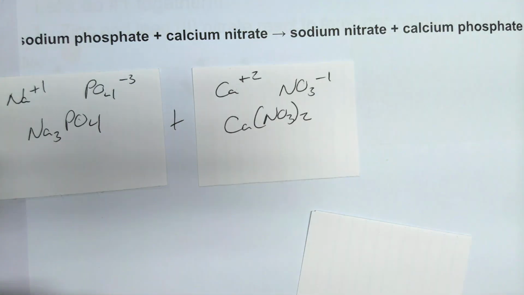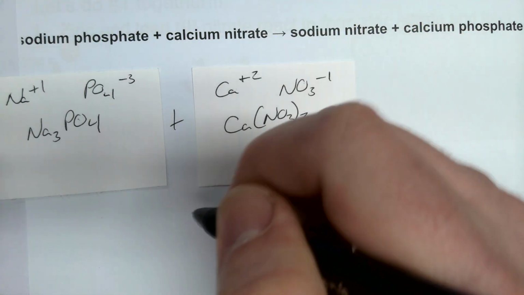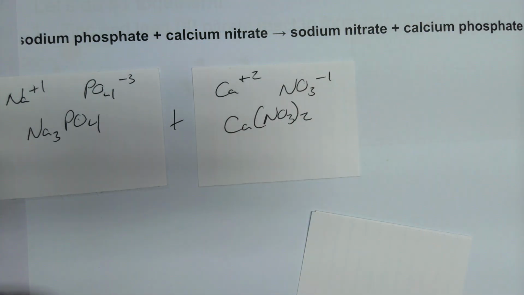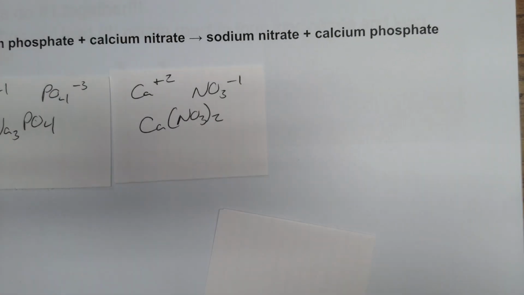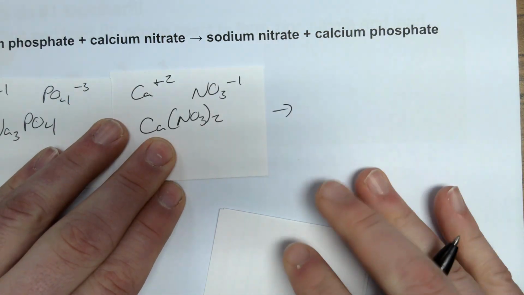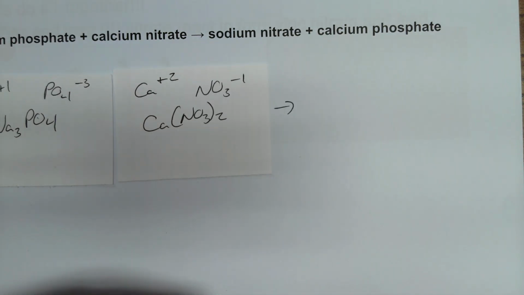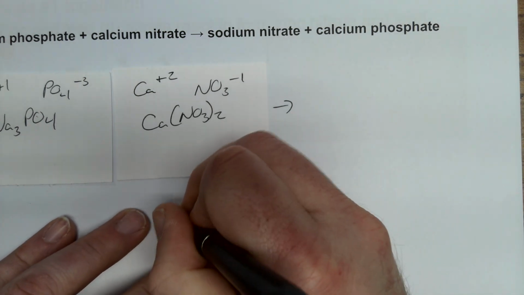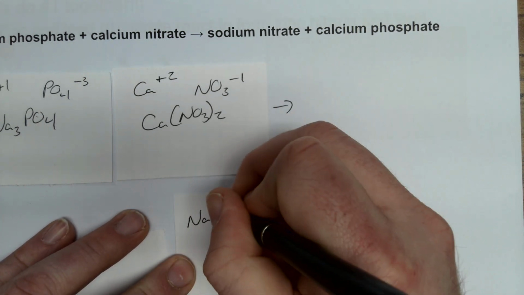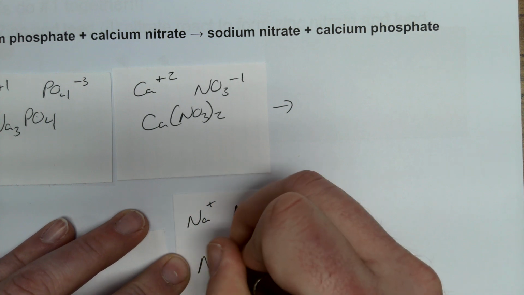So that's my plus. You're going to write on your black table, you're going to use your chalk to write your plus in between your two reactants. And your yield arrow. Sodium nitrate, I saw that was Na +1, NO3 -1, so they're going to cancel their charges out.